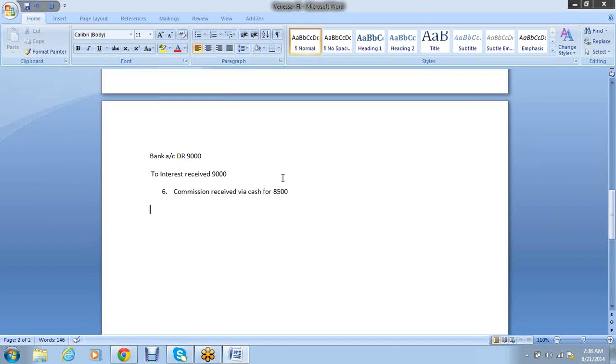The cash is debited of 8,500, and commission is credited. It comes into the cash account, so cash is debited. Commission receipt.